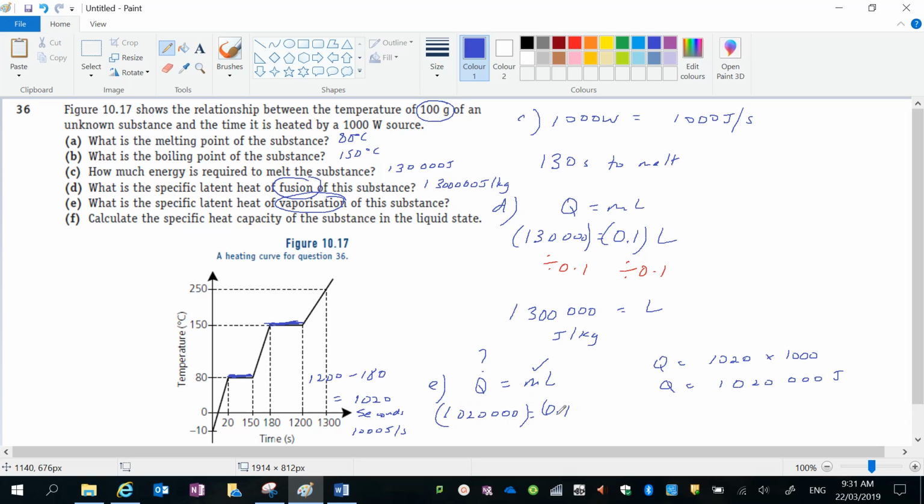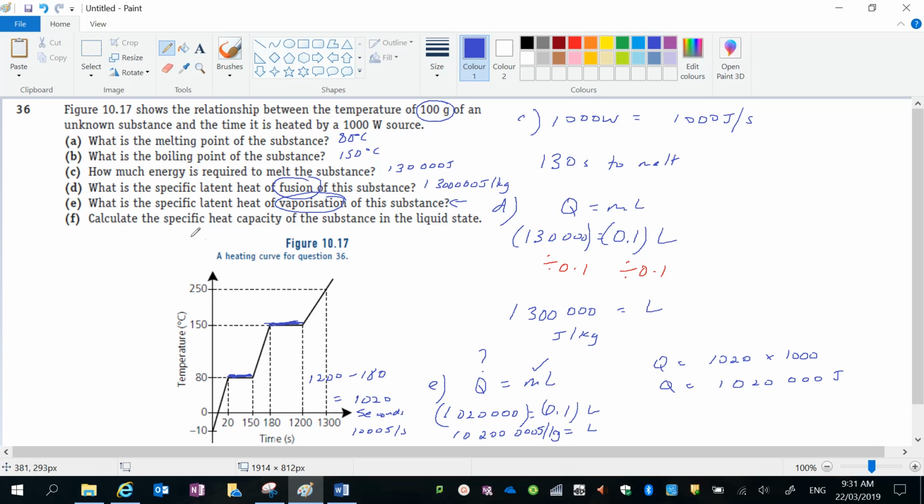Okay, so we sub those values in, and then L is what we don't know. So again, divide this by 0.1, and it gives you 10,200,000 equals L. Latent heat is always joules per kilo. Okay, so that's for this one up here.